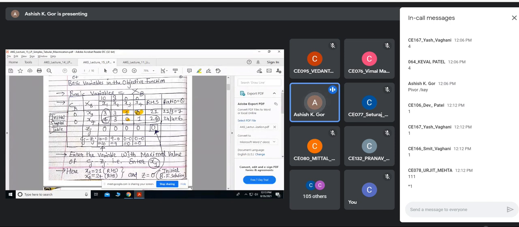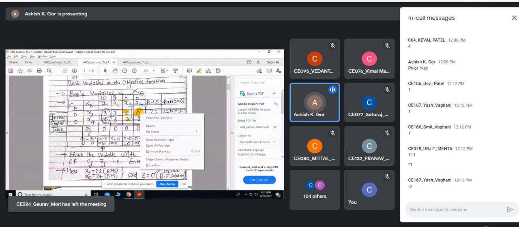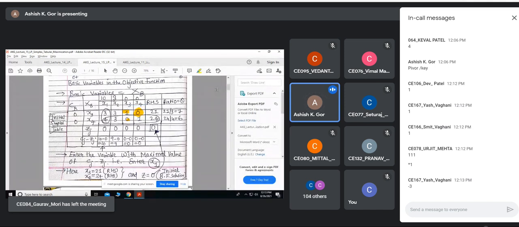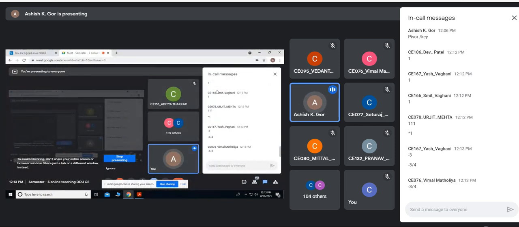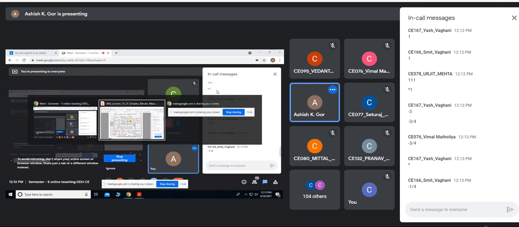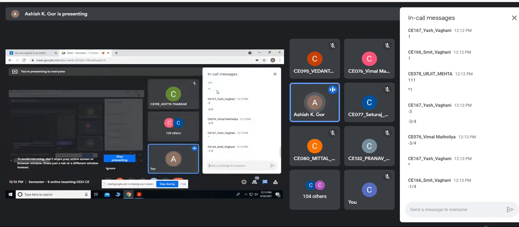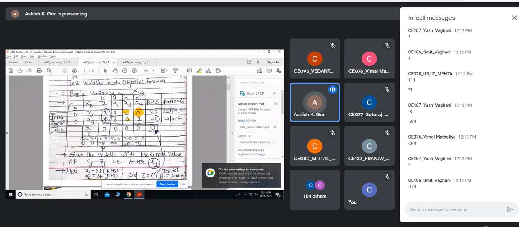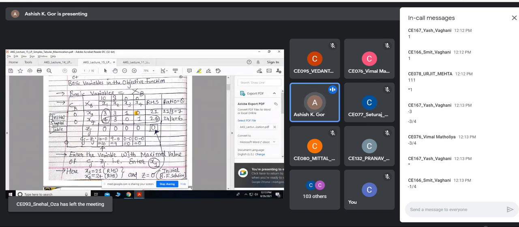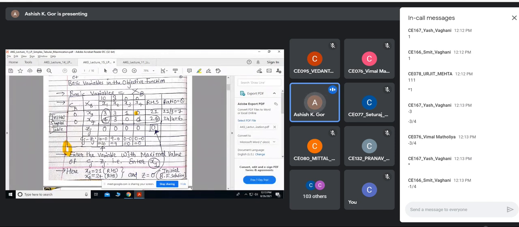Okay, for this entry, first row, fourth column, what is the new value? Yes, correct, very correct. Sorry, Smith, I think there is a mistake. You have to see like this: 0 is the old value. The corresponding key row element is 1.